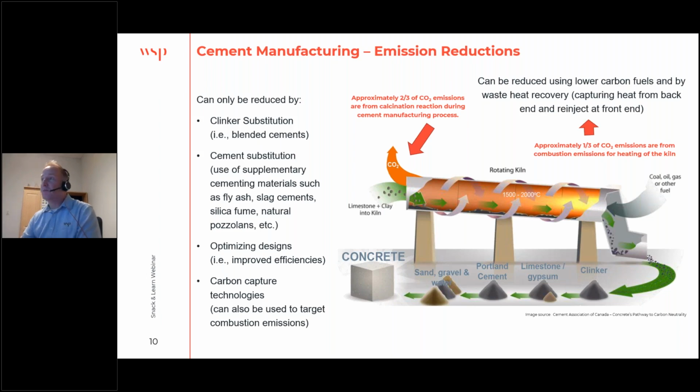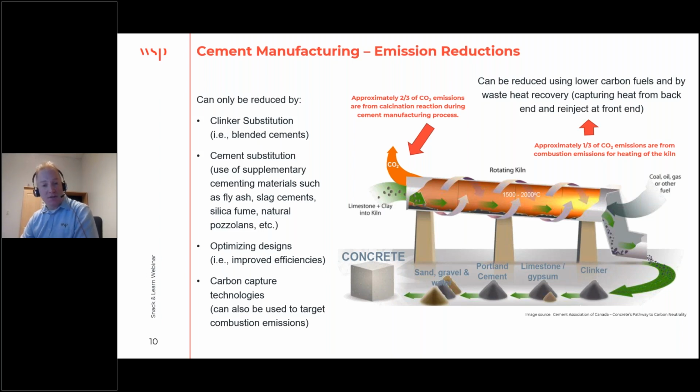we can't really do much about the fossil fuels except switching or transitioning to lower carbon fuels, or by waste heat recovery, capturing the heat from the back end and re-injecting it at the front end. The main impact that can be realized is by reduction of the Portland cement that is consumed in concrete.